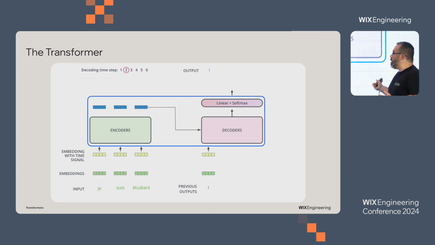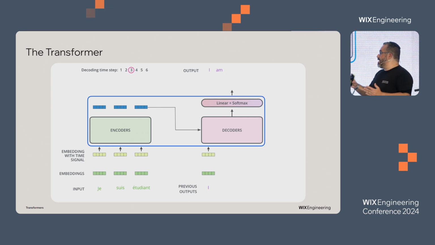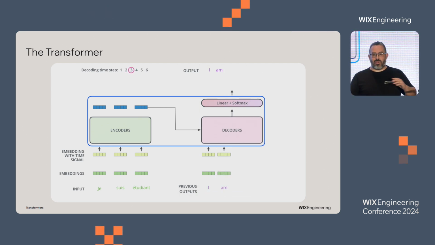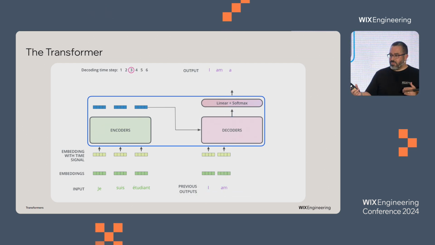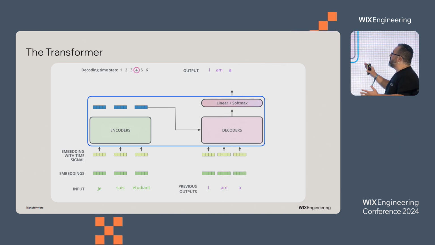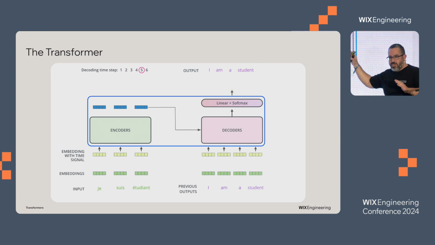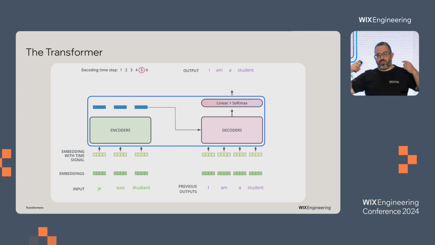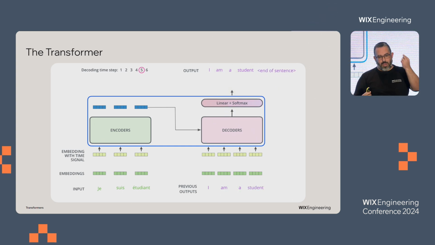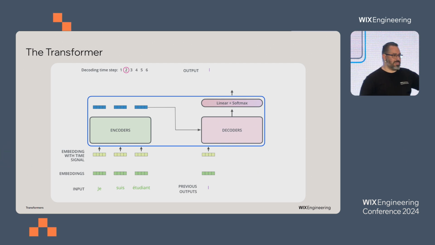We also explained how we can connect the input sequence to the output sequence via encoder-decoder architecture and via cross-attention between the input and the output. And then the last part of the transformer architecture is the final layer, which here is specified as linear softmax, but just think of that as the part of the neural network which generates the probabilities of selecting a particular word, of generating a particular word.